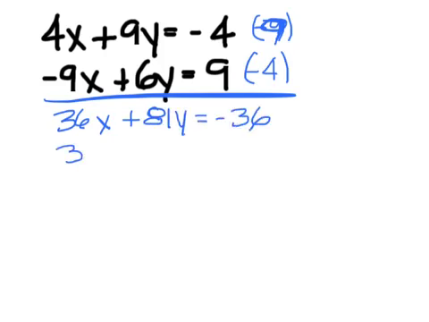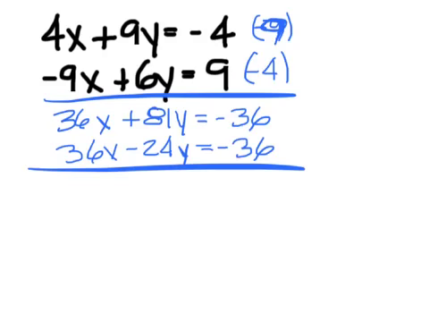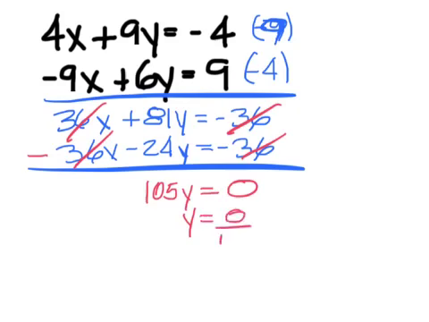On the bottom it's 36x minus 24y equals a -36. Subtract and these cancel. 81 minus a -24 is 105, and this equals 0. So y equals 0 over 105, which is 0.